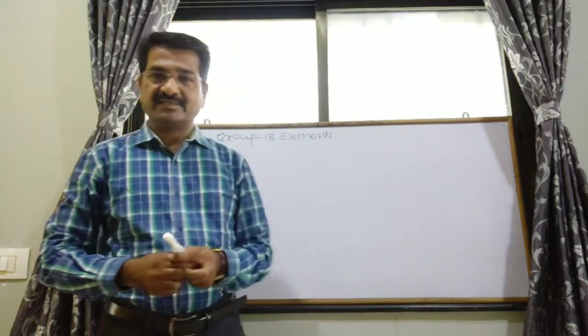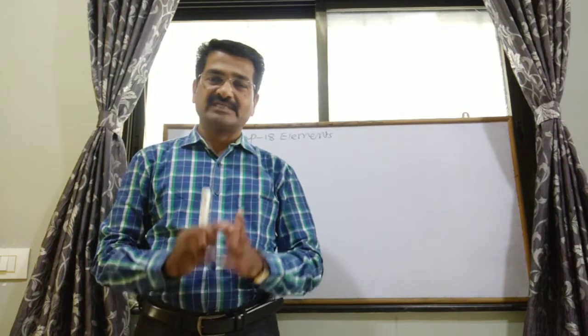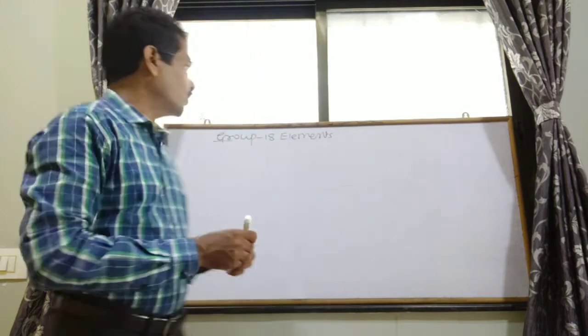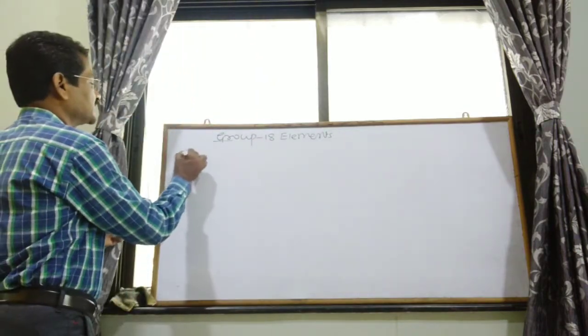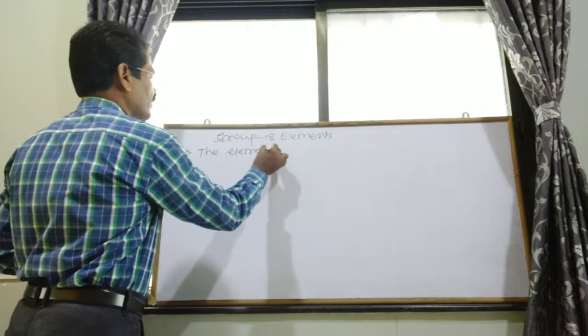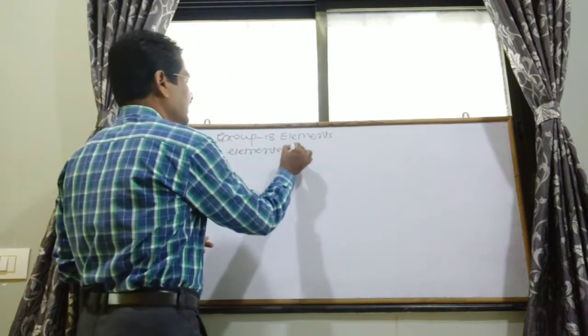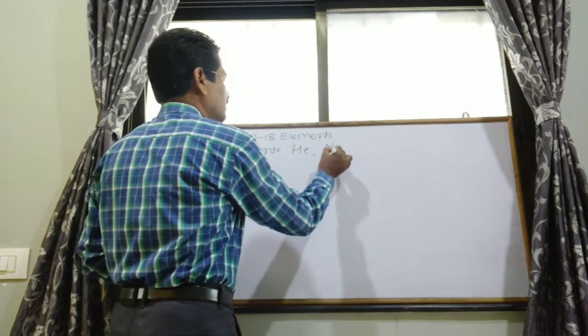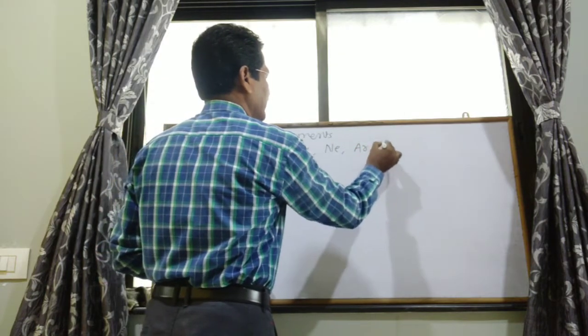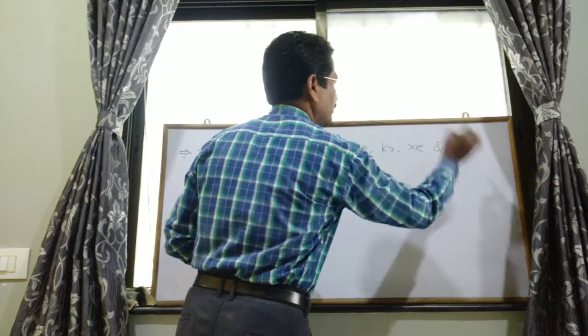Group 18 elements. First of all, see the definition of group 18 elements. What are group 18 elements? The elements helium, neon, argon, krypton, xenon and radon.